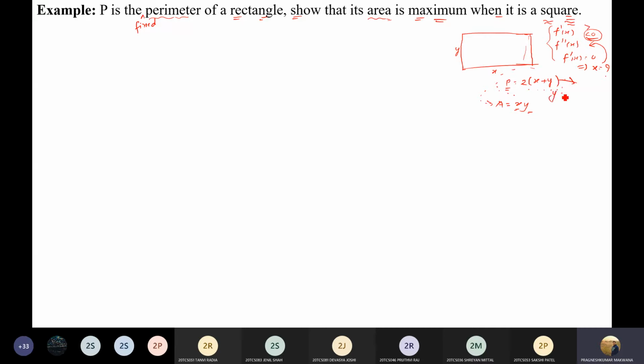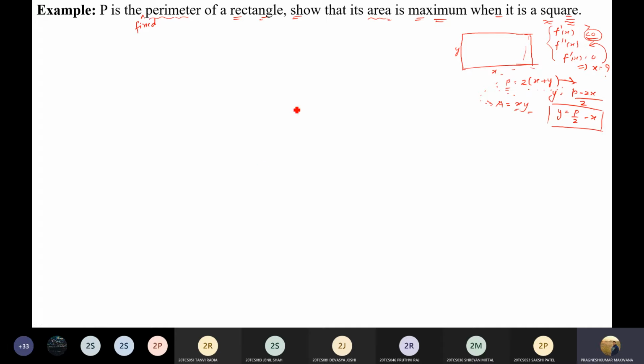So y is equal to (P minus 2x) upon 2, that is P by 2 minus x. Is it clear, everyone? The value of y is P by 2 minus x.